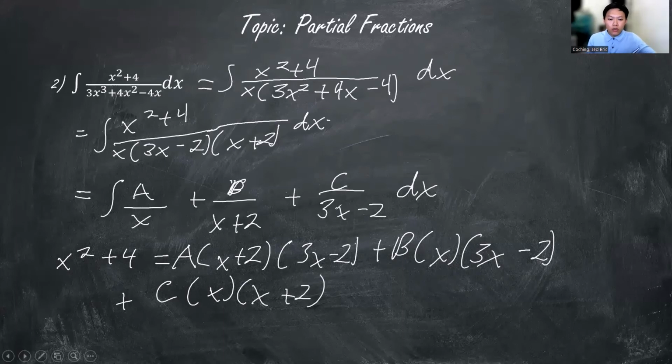So you just multiply a with the other factors that are not in its denominator.